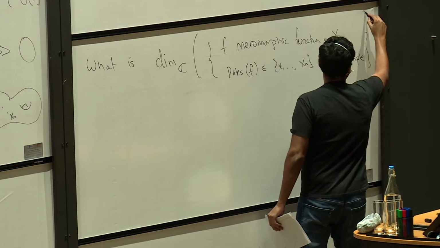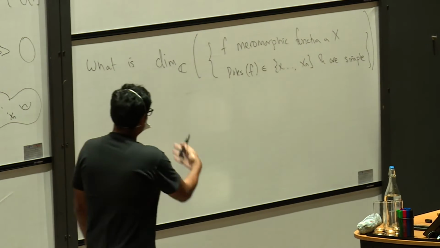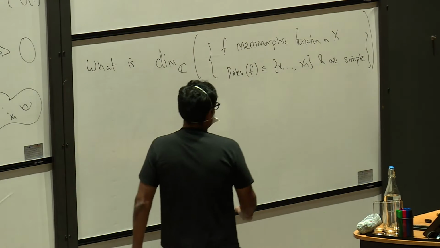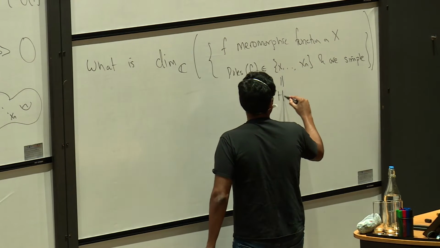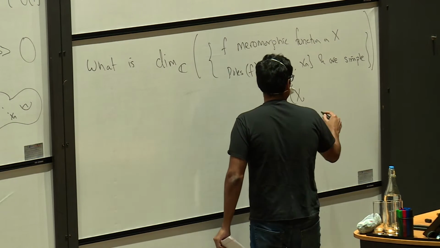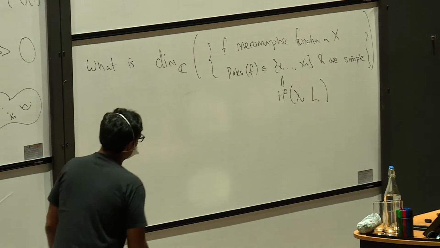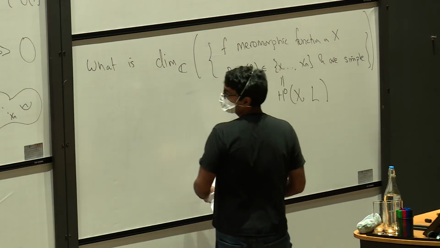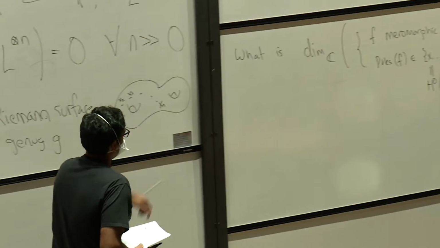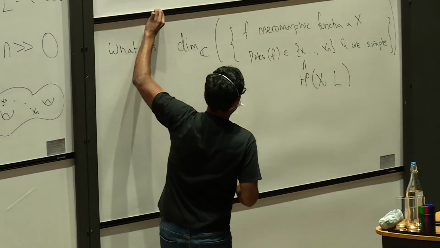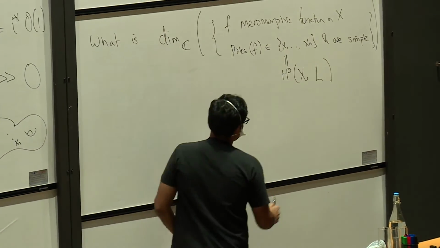So by basic theorems in complex geometry or algebraic geometry, this vector space is actually finite dimensional. It has a name. This is H0 of X with coefficients in some particular line bundle, which I'm not going to tell you about, which is sort of related to the xi's. Maybe I should call this L sub n.